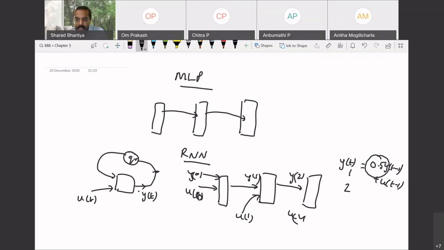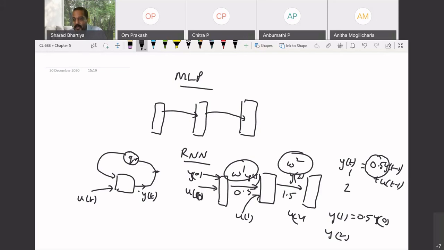You cannot have this parameter such that here there was one set of weights and here there was another set of weights. So these weights have to be identical when you open it in time. Otherwise, y of 1 was 0.5 times y of 0, but y of 2, if let's say here was 0.5 and here is 1.5, then y of 2 is equal to 1.5 times y of 1.